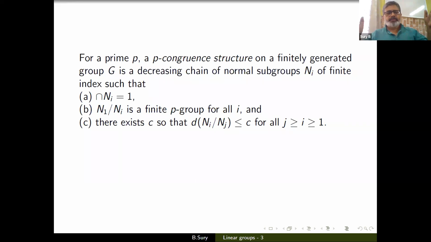The group G itself could be infinite right now. And not only that, each Ni by Nj is generated by at most D elements. So suppose you have such a chain of normal subgroups in a group G, we call that a P-congruent structure. The P is coming from this P.